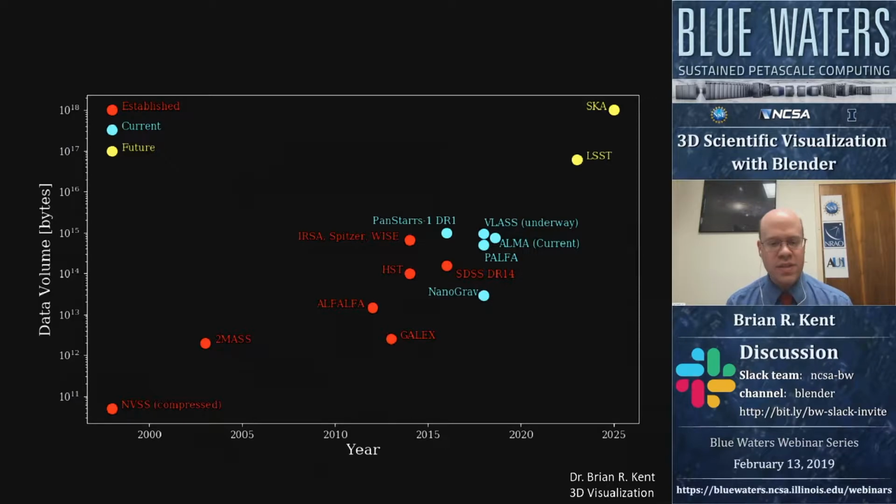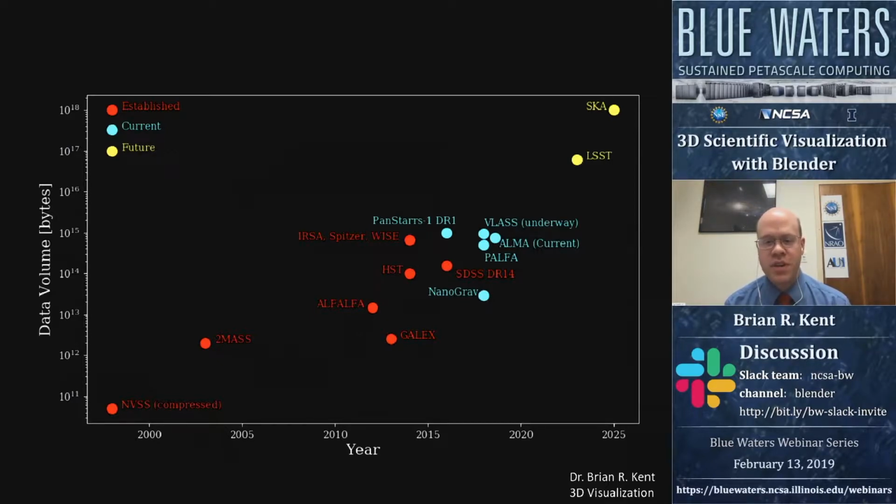Okay, that's relatively small by today's standards. And as you can see, we continue to trend up on this logarithmic scale, going through projects like 2MASS, GALEX, the Alfalfa Survey at Arecibo, where the Hubble Space Telescope was in 2014.